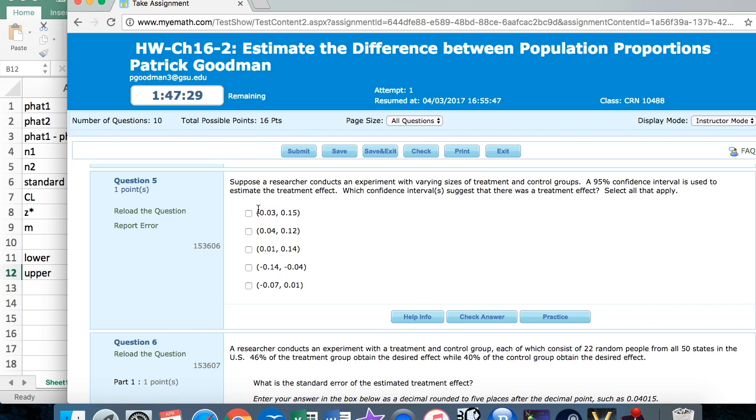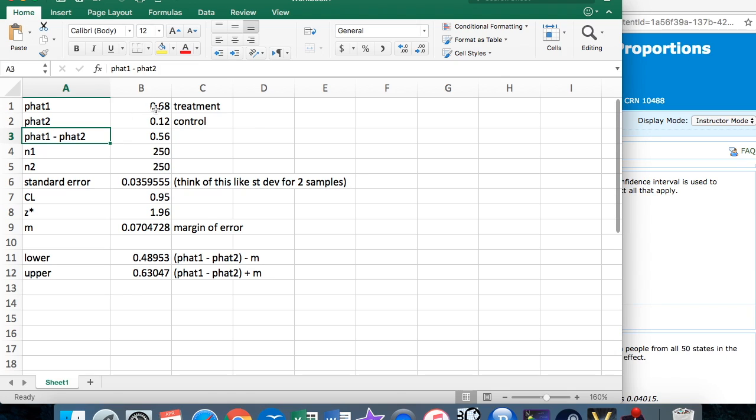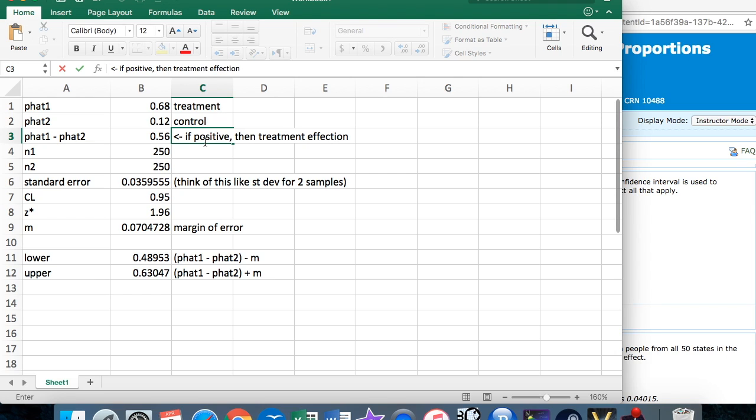So you want positive differences, right? What happens if you have a positive difference? This means that your p hat 1 is a certain percentage above your p hat 2, right? So if positive, then treatment effective. If negative, treatment not work, right?